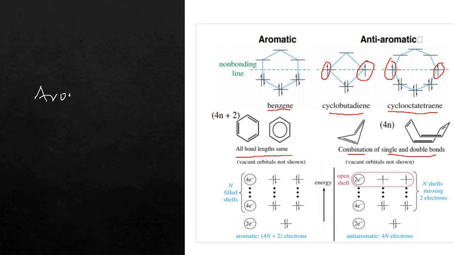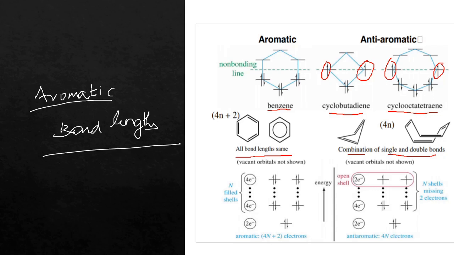For a molecule to be aromatic, what is the experimental evidence? One experimental evidence is that all bond lengths are the same. For any aromatic compound, all the carbon-carbon bond lengths would be the same, and this is due to delocalization and resonance.